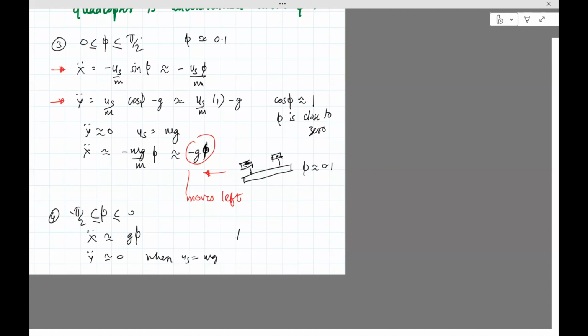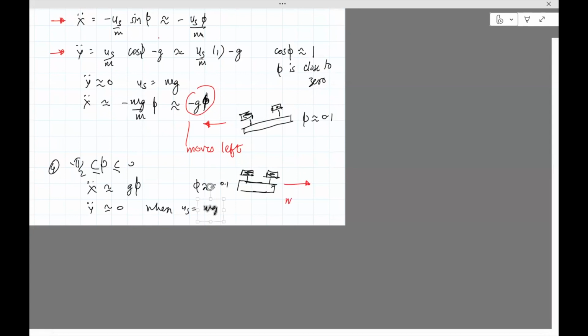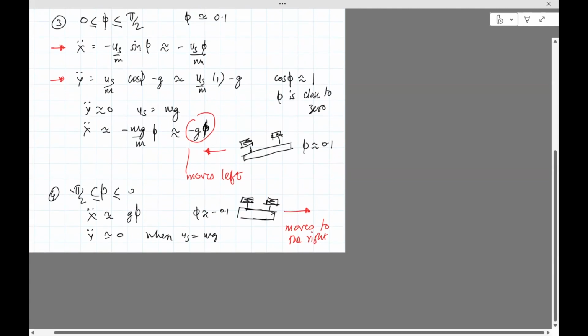And then you'll see for a small tilt the other way, close to minus 0.1, it actually moves to the right. So a slight tilt, and it just zooms past to the left or zooms past to the right. In fact, this strategy is actually used to control the bicopter.